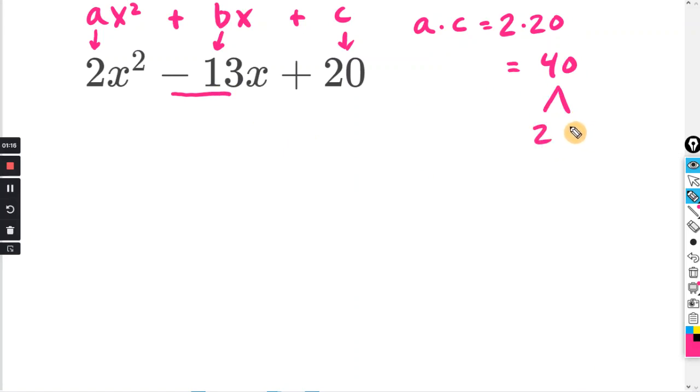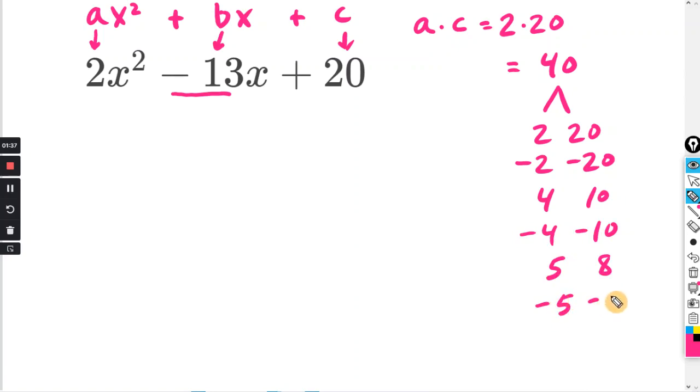So we have 2 times 20, negative 2 times negative 20. We have 4 times 10 and negative 4 times negative 10. We have 5 times 8 and negative 5 times negative 8. And I think we now have a pair that adds to negative 13. That's this right here.